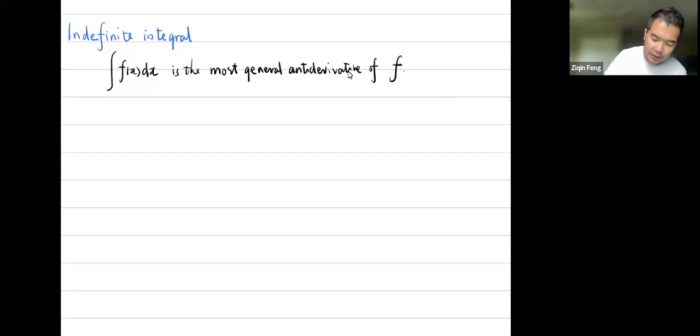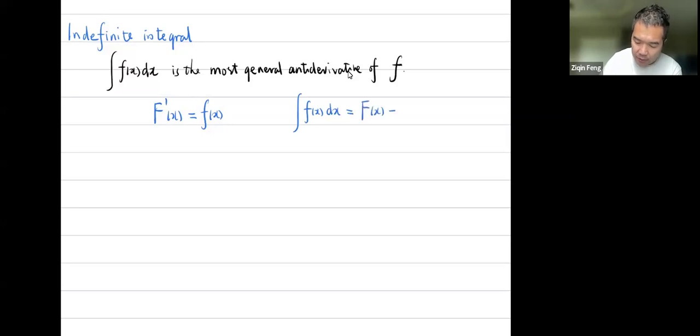I.e., if you have F prime of x equal to f of x, if you have a particular antiderivative, then the indefinite integral, the most general antiderivative, is basically equal to F of x plus a constant, right? So that's basically what the indefinite integral is about.